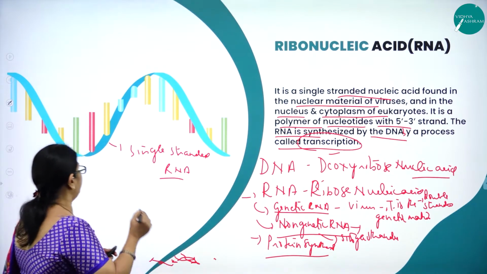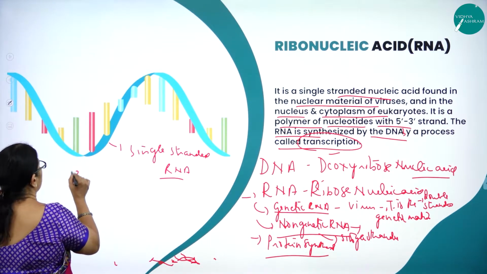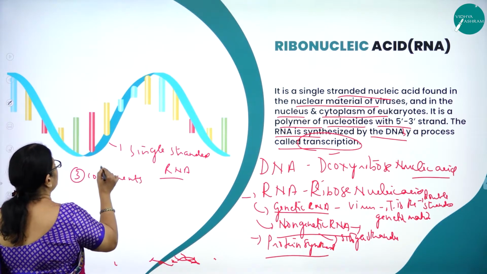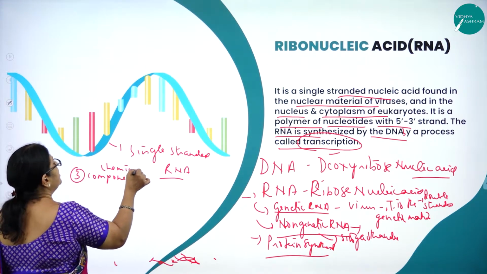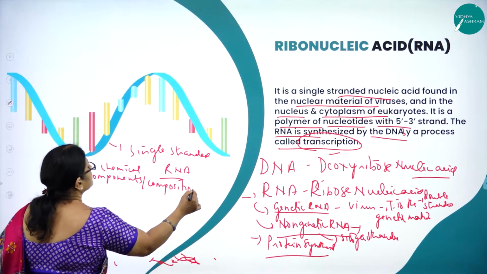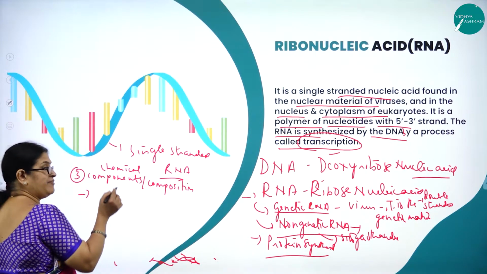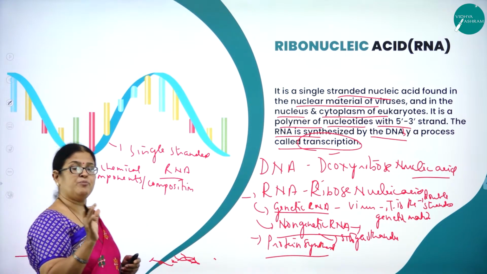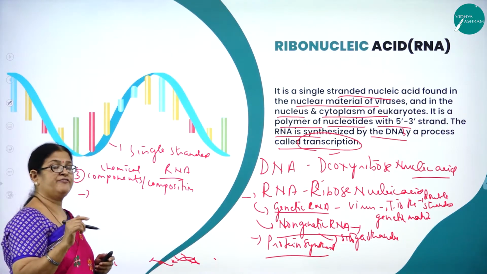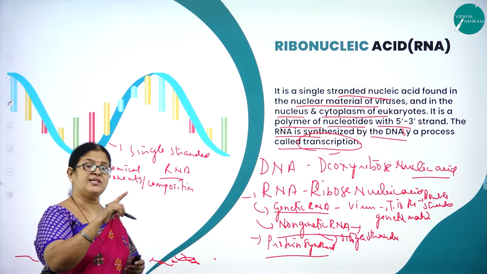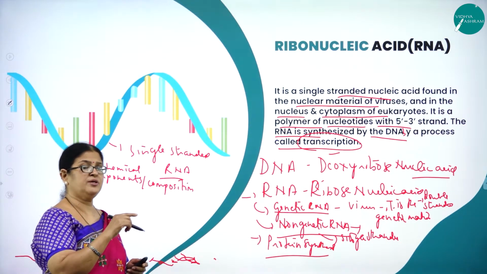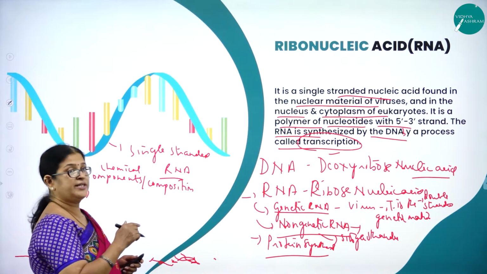So, RNA will have three very important components, that is, chemical composition. Both RNA and DNA have 5-carbon sugars, that is, pentose sugars, but the only difference is that in RNA one oxygen atom is more. In DNA it is deoxyribose sugar, here it is ribose sugar.